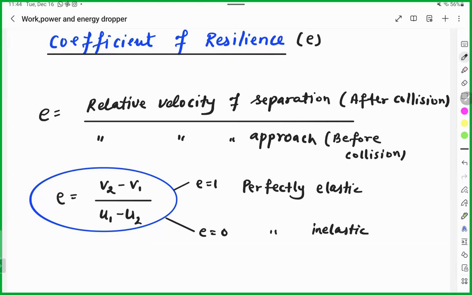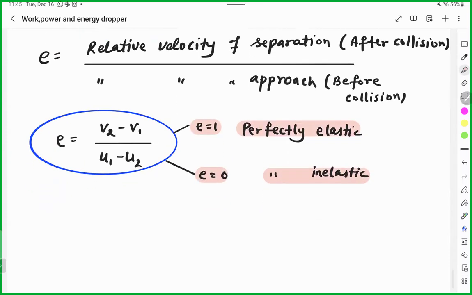If they stick together, v2 minus v1 will become 0 because they have a common velocity. Make sense? In case of perfectly elastic, both values will be the same, so e is 1. And in any other collision, the coefficient of restitution will lie between perfectly elastic and perfectly inelastic. Any doubt? I think you got this question last year. Somewhere I have seen.